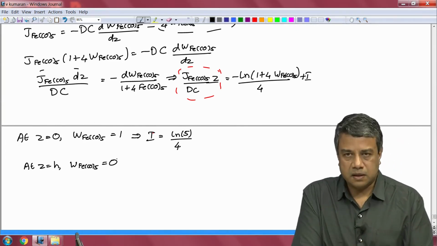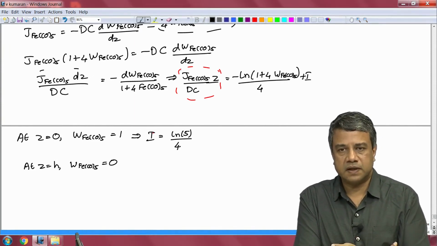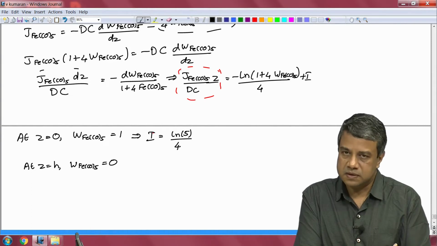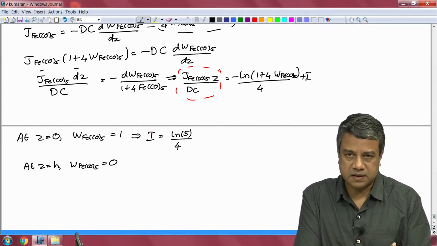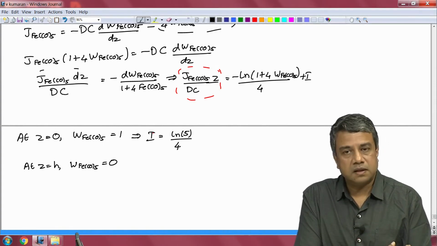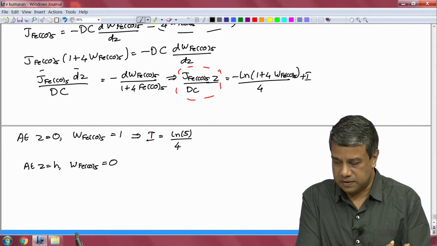I told you that at the top surface the gas flow is sufficiently fast that the concentration of iron pentacarbonyl in the gas is equal to 0. As soon as it gets generated, it gets swept away by the gas. So, if the flow is sufficiently fast, the mole fraction of iron pentacarbonyl has to be equal to 0 at the top surface.